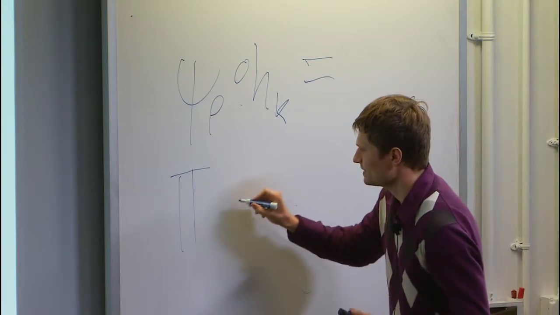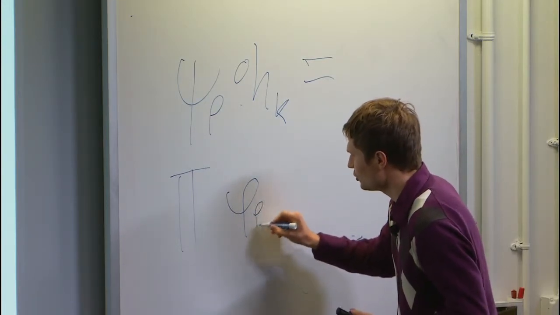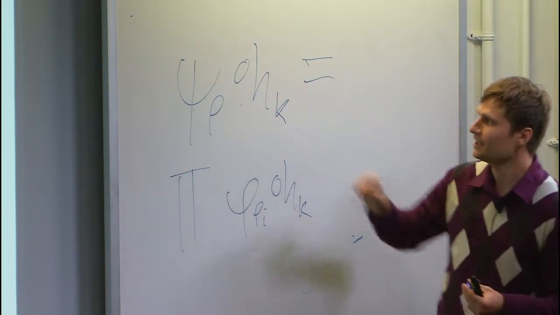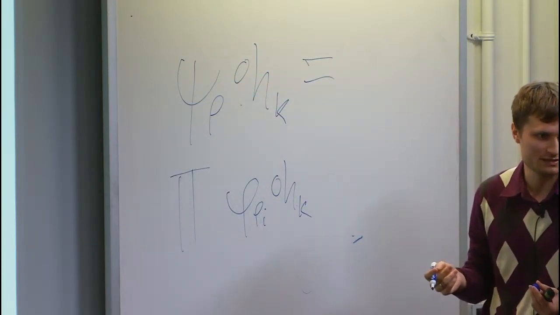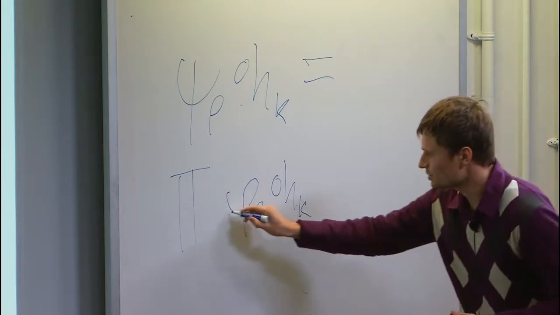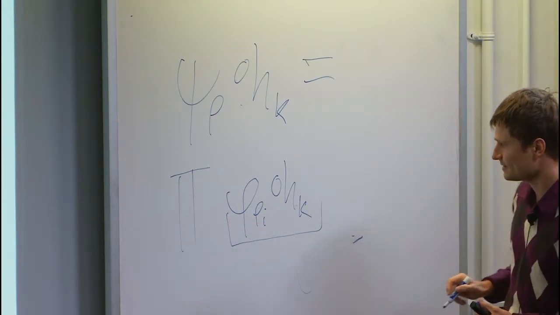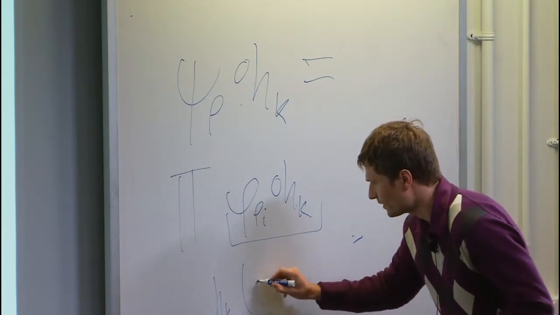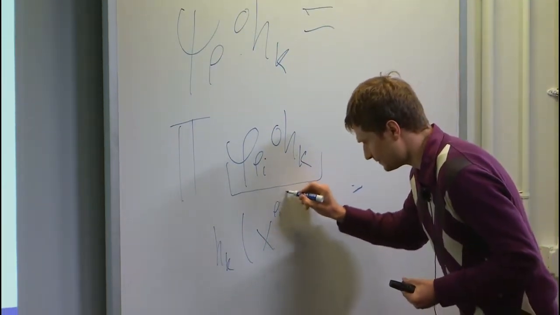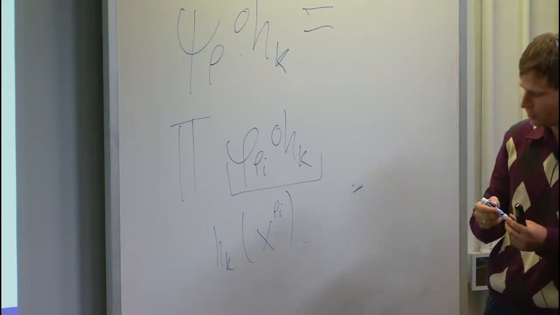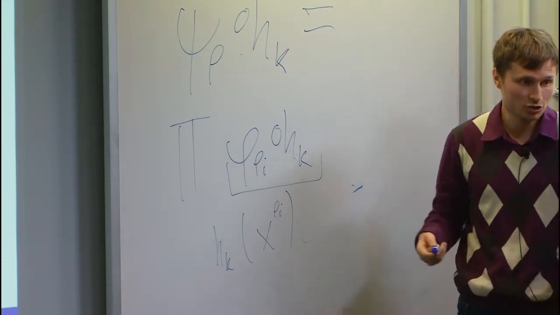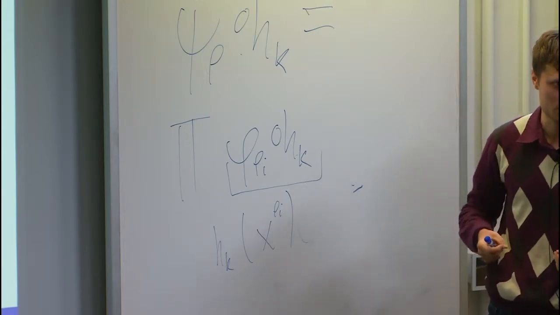So first of all, this is a product of psi rho_i h_k, because I told you that the plethysm is an endomorphism in the outer function. So we would like to understand this, but this is just h_k of x^rho_i, a complete symmetric polynomial of degree k in coefficients that are not variables, but powers of variables.